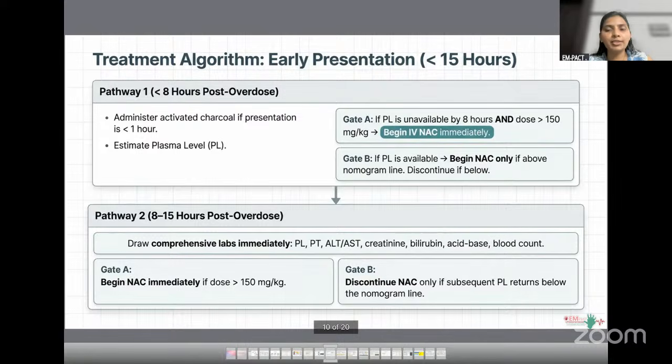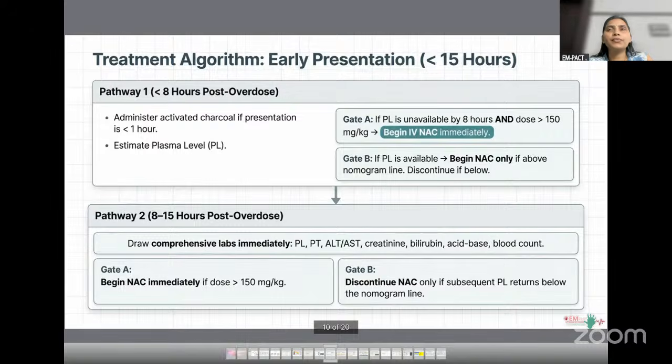Sorry, again I will tell you: if the patient has taken paracetamol more than 150 mg per kg and the serum paracetamol level is not available within 8 hours of the ingestion, then we can start the NAC therapy immediately. Okay.